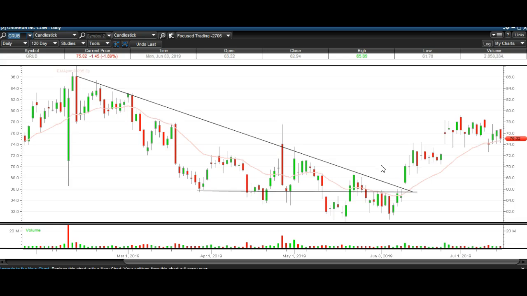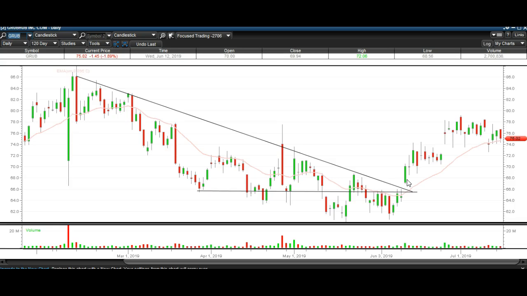The other reason that we got long too is the market is very bullish at this moment. So we're looking for pretty much exclusively long trades, just because those tend to work out much better than short trades during a bullish market.